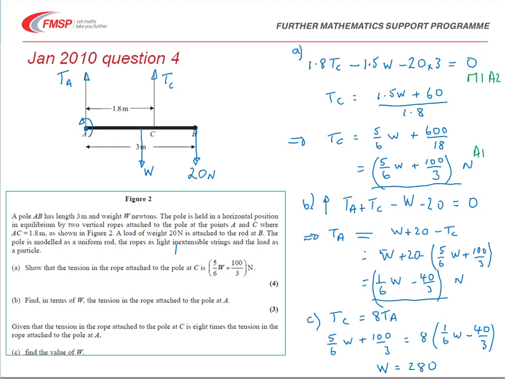In the second part of the question, a method mark, an accuracy mark for the equation, whether you've done it by resolving as we did here or by taking moments, and then an A mark for the final answer.